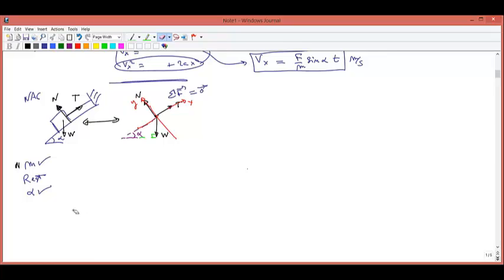Two-step method. First, we're interested in W, so focus on W, the black one, going down. Then identify the two lines that create your angle. In this case, the purple ones. Those are the two lines that create and define alpha. First step: follow the direction of the force that you're interested in and ask yourself, is the direction of that force perpendicular to one or the other of the lines creating that angle alpha?